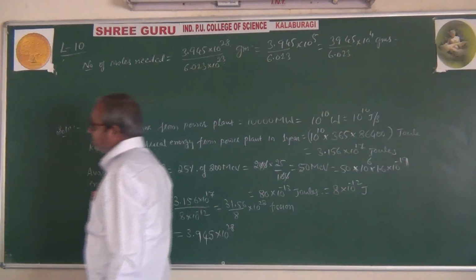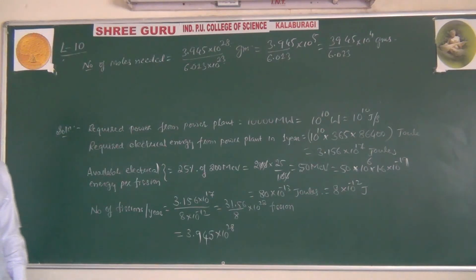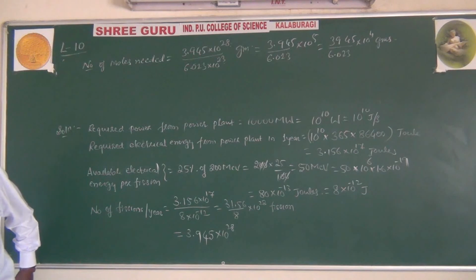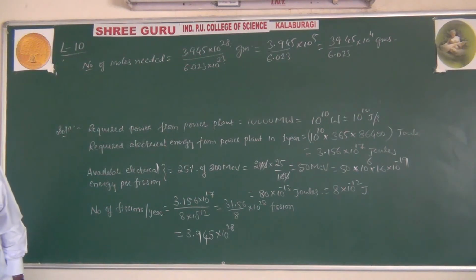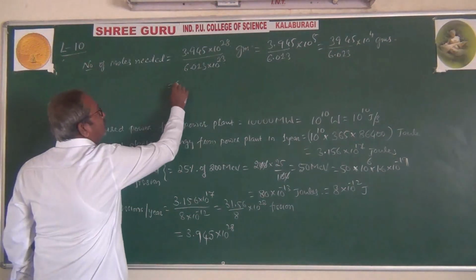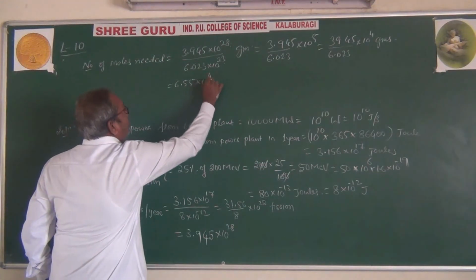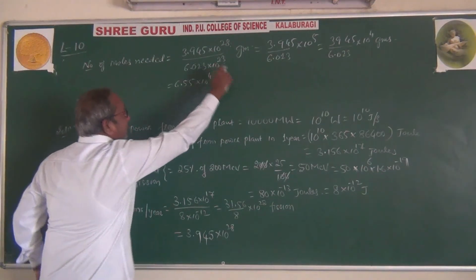This is the amount of uranium which is required. On dividing you will get about 5 point something, nearly 6.55. So 6.55 into 10 raised to 4.